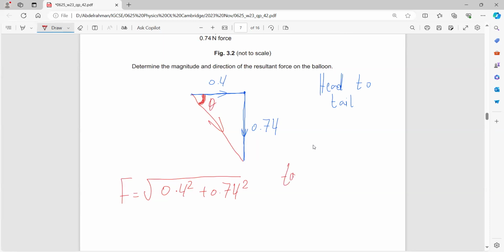So tan theta is equal to 0.74 divided by 0.4.